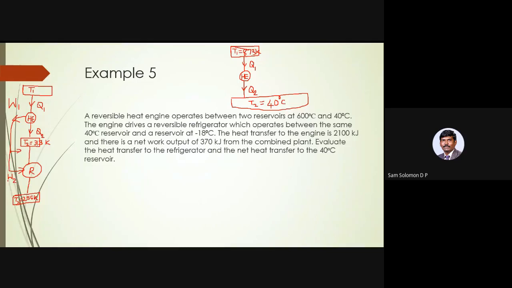Part of it is utilized for running the refrigerator. So you will have a W net, which is W1 minus W2. So apart from the work utilized for running the refrigerator, there is a remaining amount of work which can be utilized for something else.